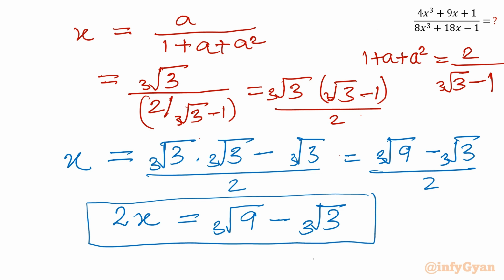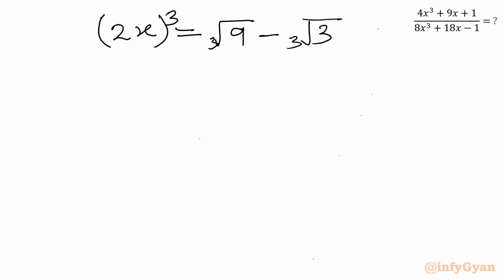Now I will consider cubing both sides. So let me consider cubing: 2x is equal to cube root of 9 minus cube root of 3, cube. But before that, I will write the formula of a minus b whole cube.